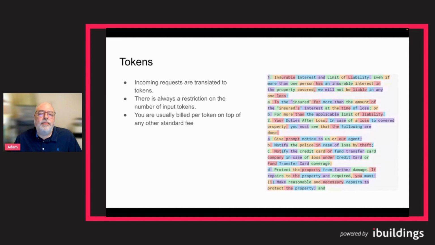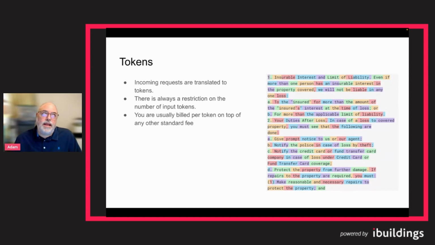So these systems will translate your incoming request, your incoming text and chat into tokens, and that will be no more than a word or punctuation. I'm sorry, no less than a word or punctuation, and maybe multiple tokens per word.